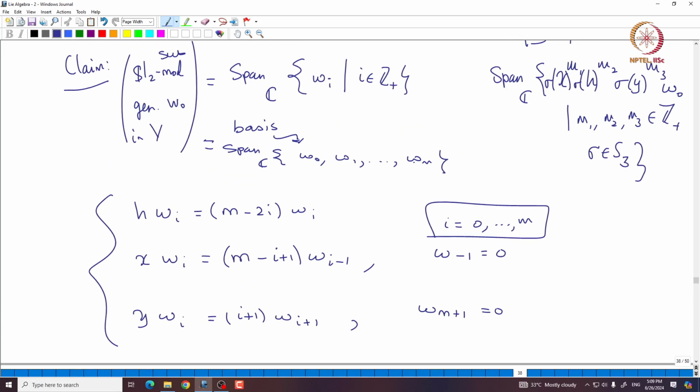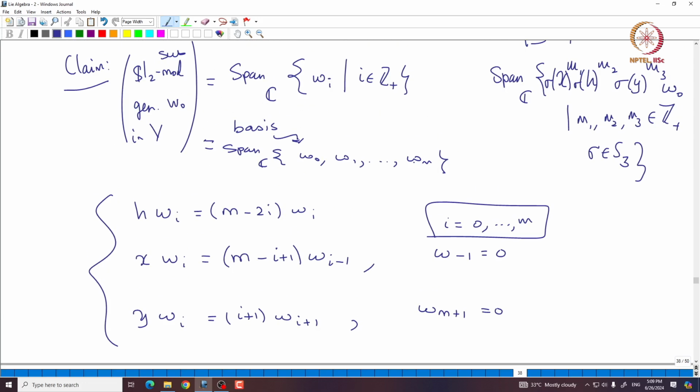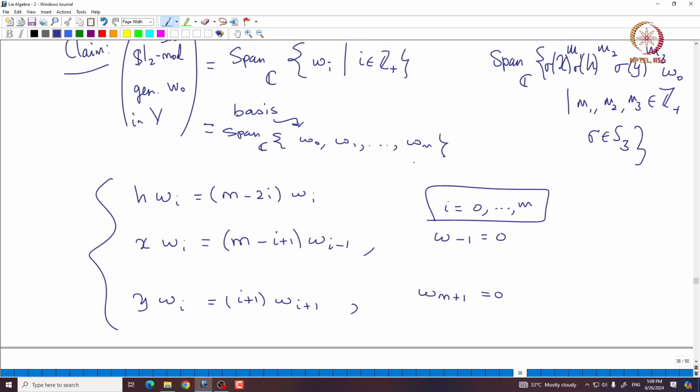To prove that it is indeed an SL2 submodule, we need to check something. Obviously, the SL2 submodule generated by W naught is going to contain all of W naught through W m, because they are all powers of y applied on W naught. So one side is obvious.